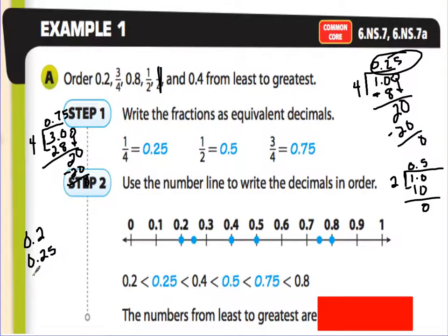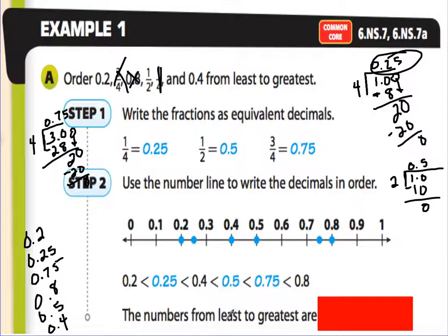I have 0 and 75/100, which is the 3/4. I have 0 and 8/10, which was just listed before. I have 0 and 5/10, and I have 0 and 4/10.